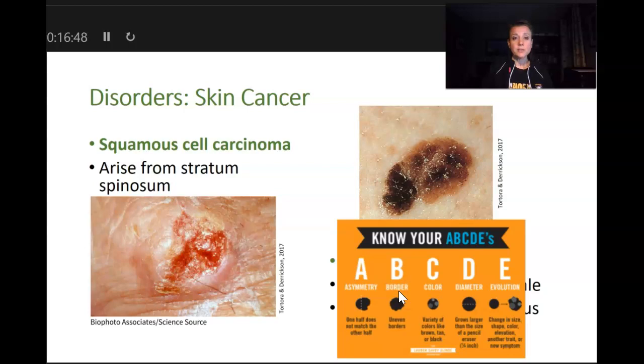But this kind of carcinoma is different from basal cell carcinoma because this kind is going to grow rapidly, and it will metastasize or spread to other tissues extremely quickly as well. So this needs to be removed as soon as possible. But you can be cured of this as long as it is removed early.